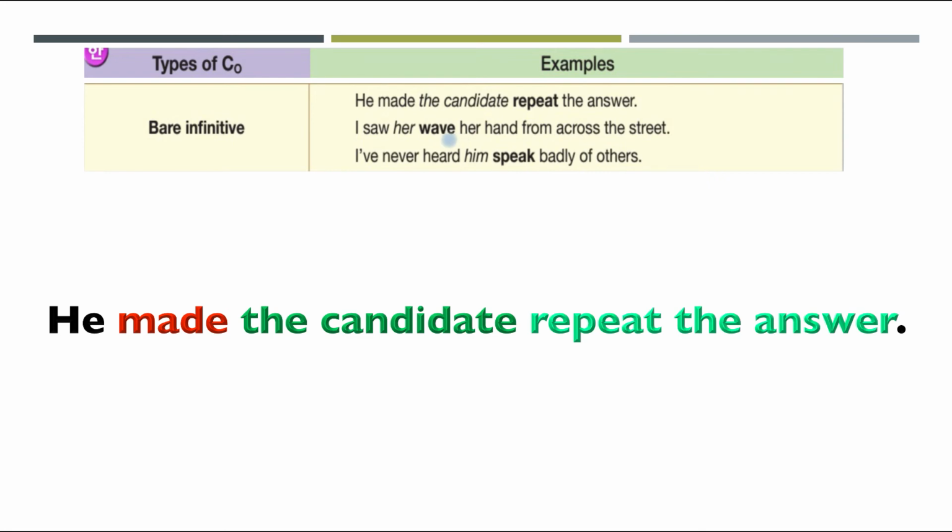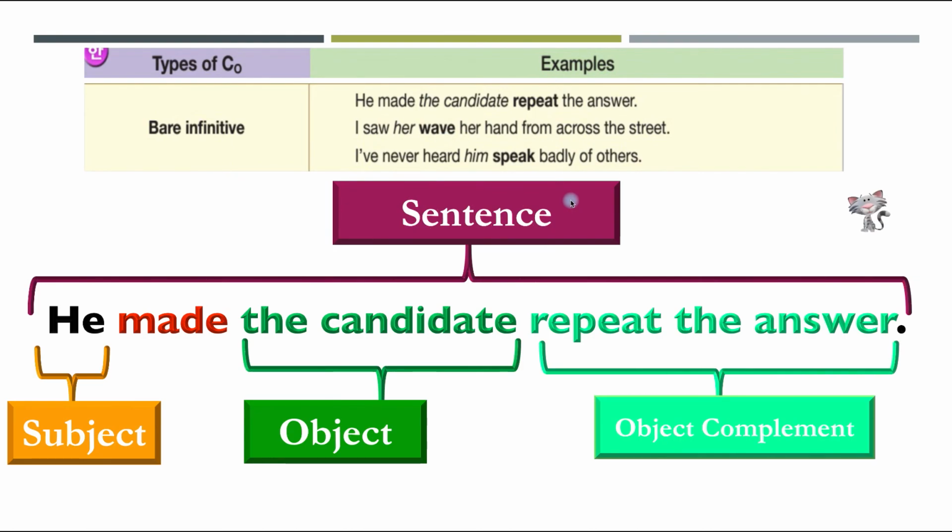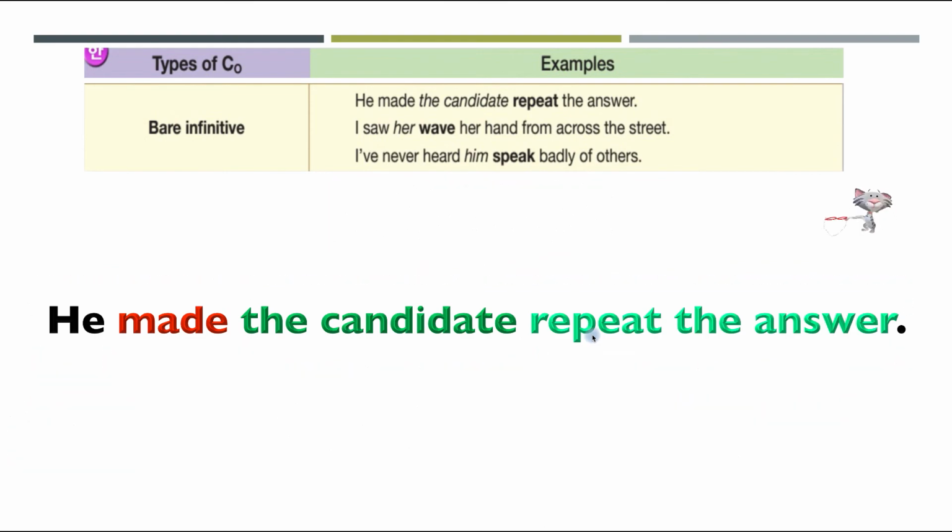So this kind of main verb requires the bare infinitive, the verb's original form without to. That is English grammar. No to. So he made the candidate repeat the answer.